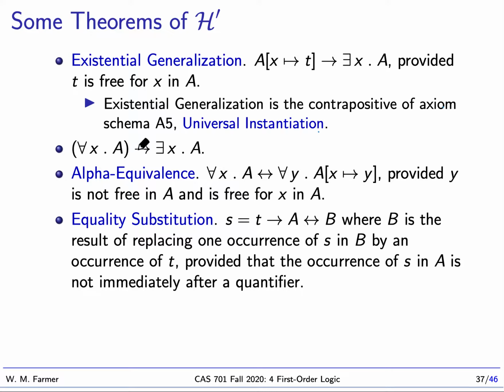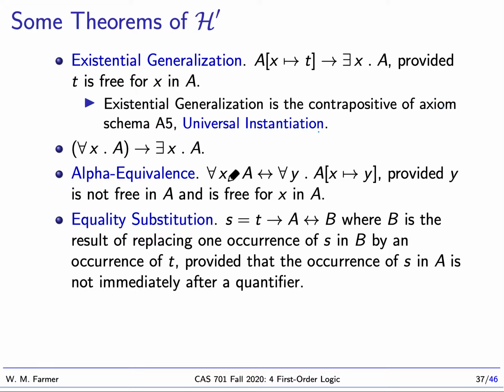Another theorem we get is for all x dot A implies there exists x dot A, and we also can prove as a theorem alpha equivalence. Alpha equivalence basically says if I have a universal statement for all x dot A, I can change the variable that's being bound.